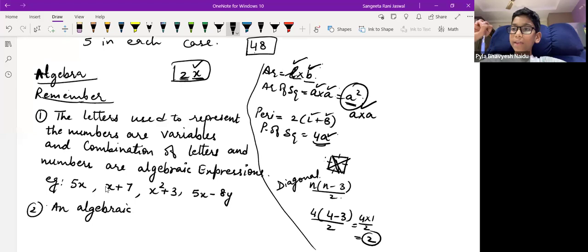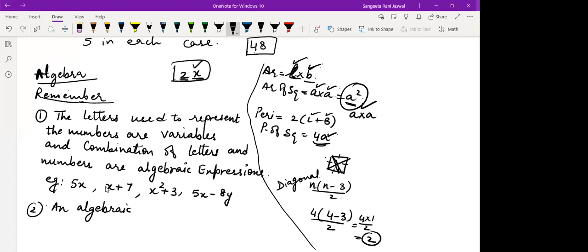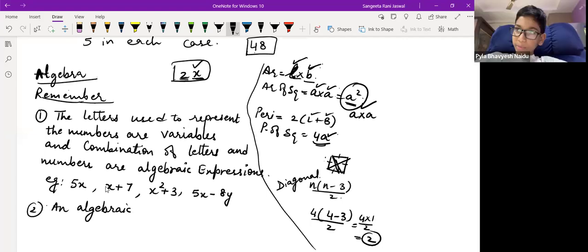I need to write that? No need to write that. This is just to explain to you that you have already been using all these things, but unknowingly, you did not know that these are all algebraic expressions. Okay? Okay, ma'am. No, you don't have to write this. This was only to explain you.